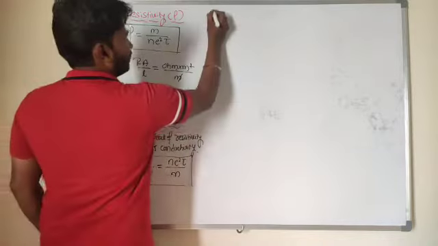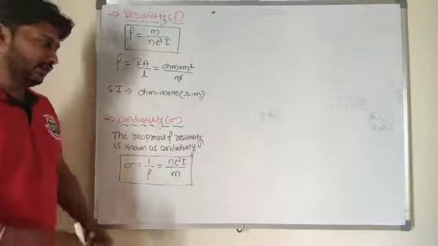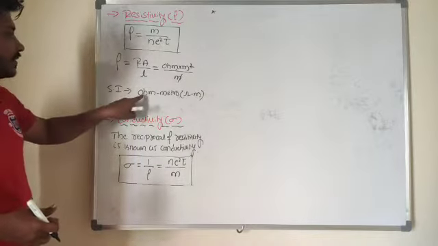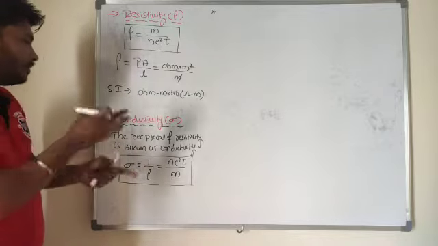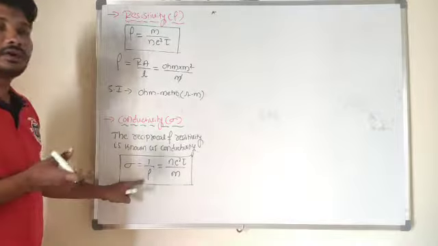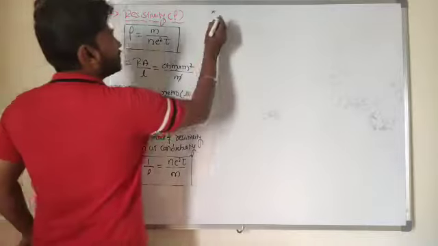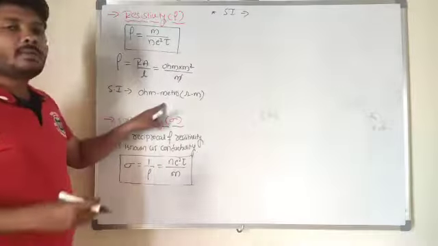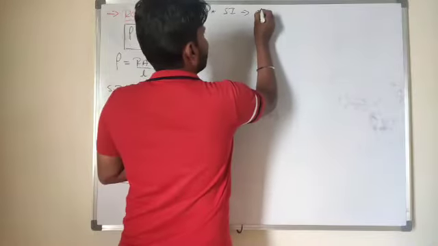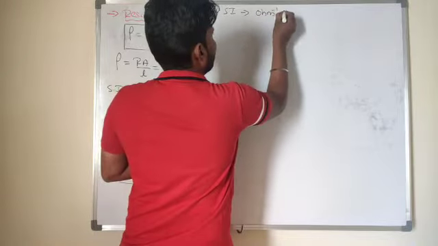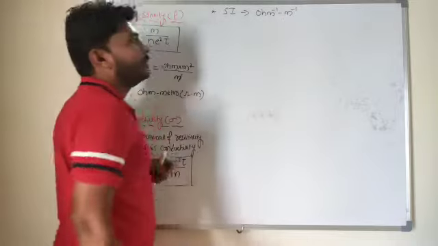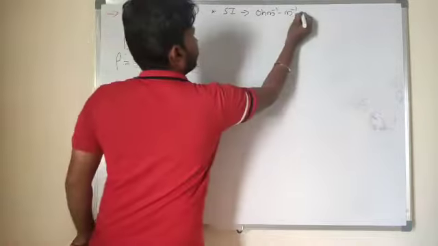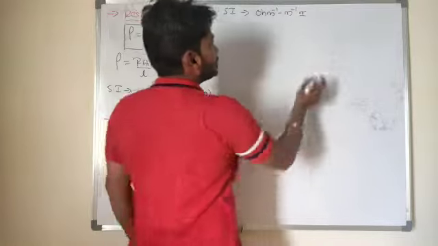Then what is the SI unit for conductivity? Look here. The resistivity SI unit is ohm meter. Conductivity is the reciprocal of resistivity, so the SI unit of conductivity is per ohm per meter.